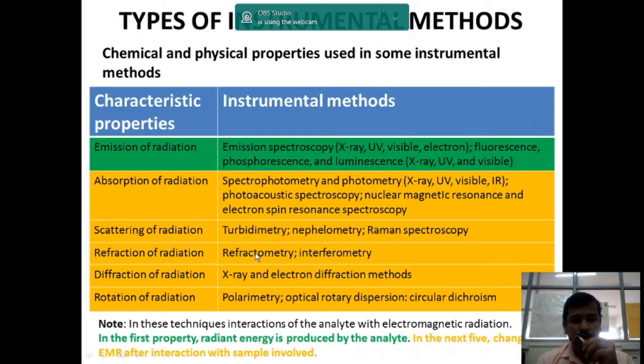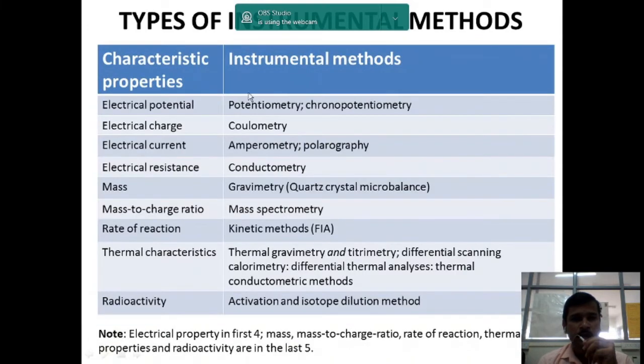Here the electromagnetic radiation is going to be changed once its interaction with the analyte is done. If you pass an electromagnetic radiation through the analyte, the nature of the electromagnetic radiation is going to be changed either in the form of absorption or scattering or refraction or diffraction or rotation. That's what all these 5 instrumental techniques are kept in yellow color.